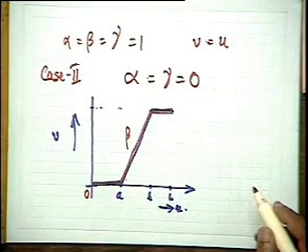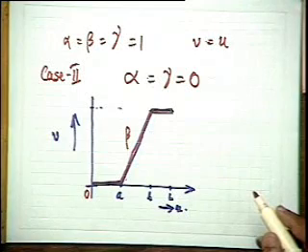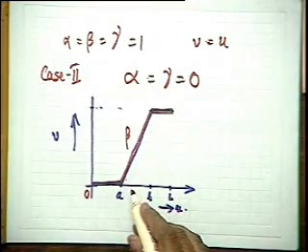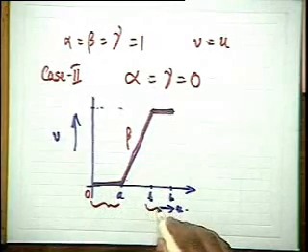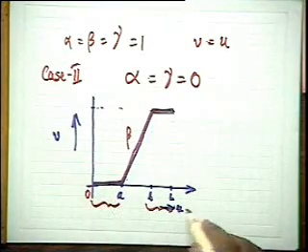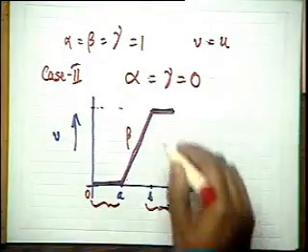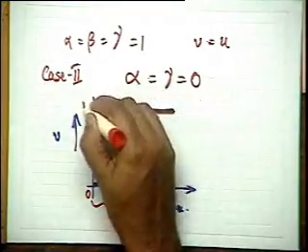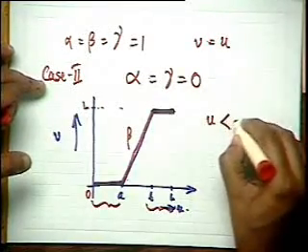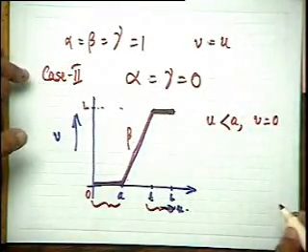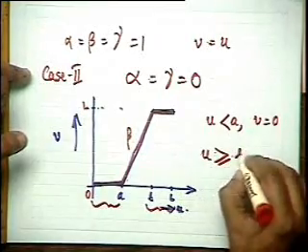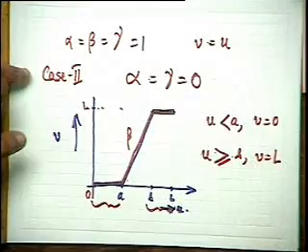So we are only enhancing or expanding the contrast in the zone A to B. The intensities in the domain 0 to A, we make 0, and the intensities in the domain B to L, I am just saturating to the maximum value, that is equal to L. So as long as U is less than A, I have V equal to 0, and when U is greater than or equal to B, I have V equal to the maximum value.